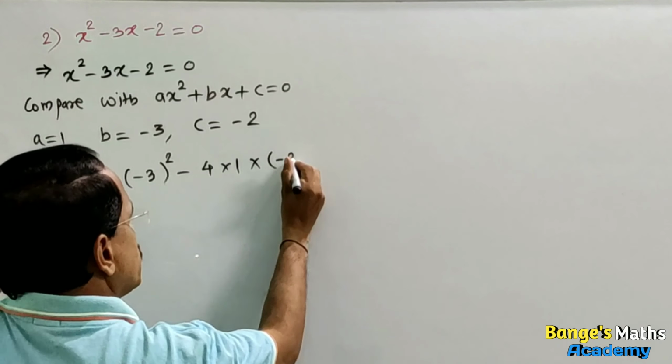We get the value of b square minus 4ac is equal to 88. Then by using the formula x is equal to minus b plus or minus square root of b square minus 4ac upon 2a, put values in this formula: minus value of b, 2, plus or minus square root of b square minus 4ac, 88, upon 2a. 2 into value of a is 3.